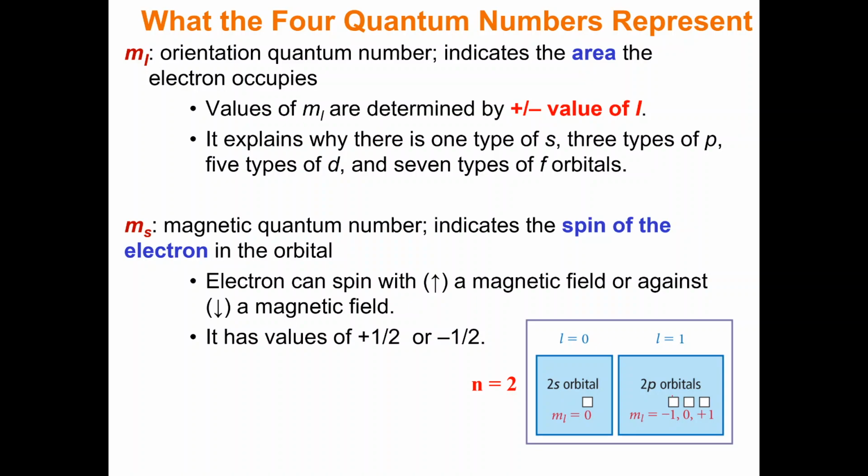So you end up getting 1, 2, 3 orbitals. And then each one of those can hold 2 electrons. And once they are filled with 2 electrons, they have to have opposite spins. Remember, they can't have the same address. So if you're putting them into the same orbital, they have to have different spins.